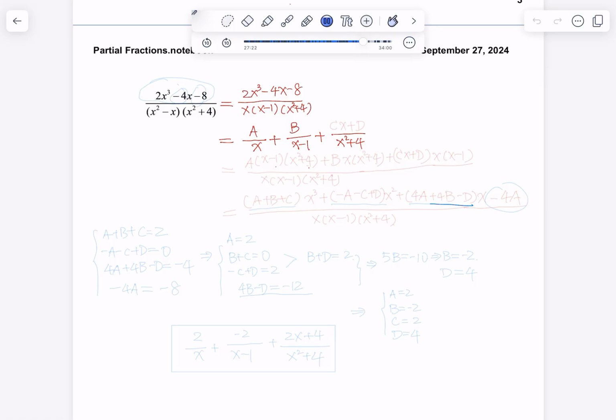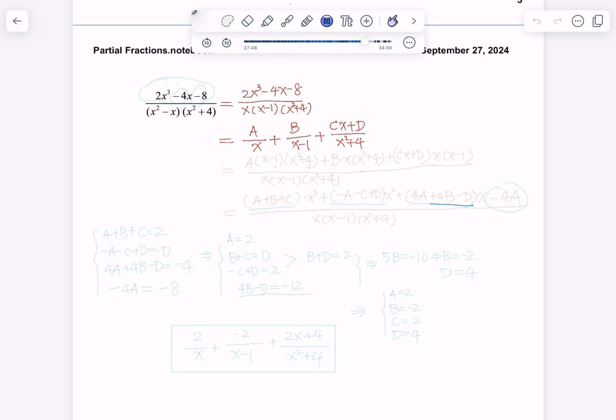Because x squared plus 4 is the irreducible factor, you need to introduce a linear term in the numerator. That will be Cx plus D. Now the following task will be to find A, B, C, and D to make this decomposition work.